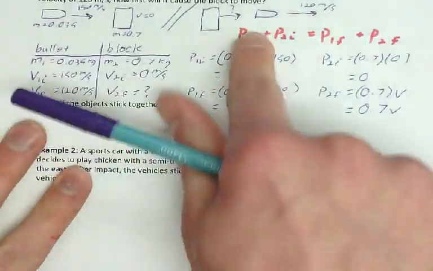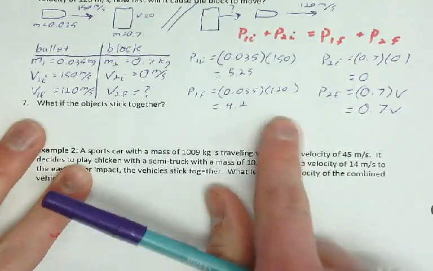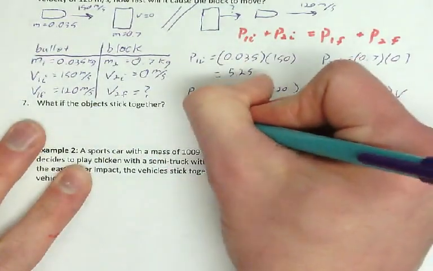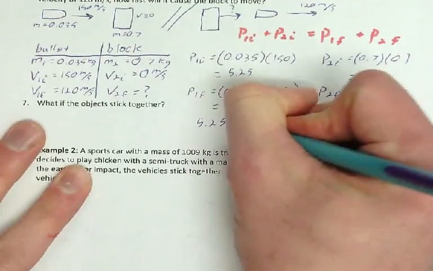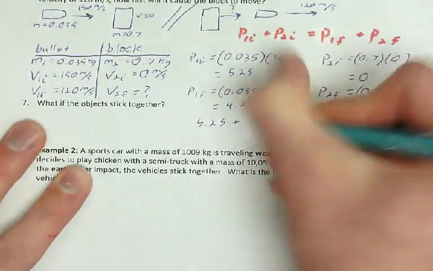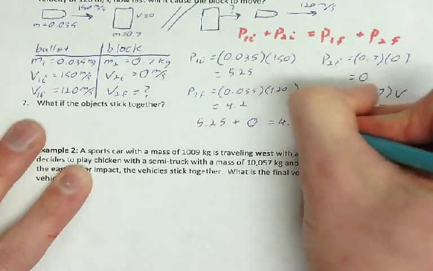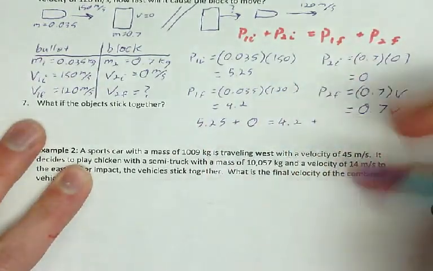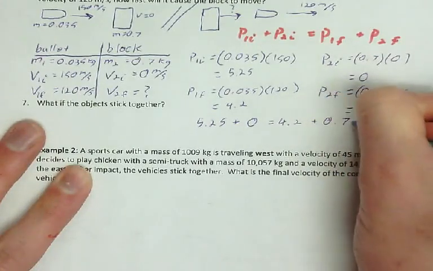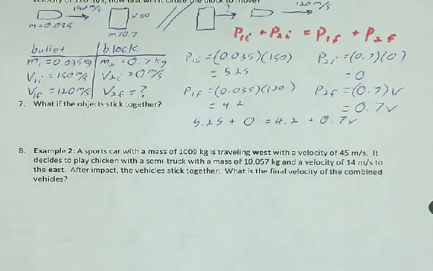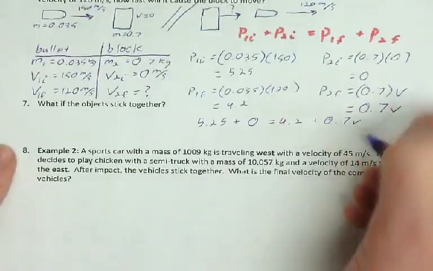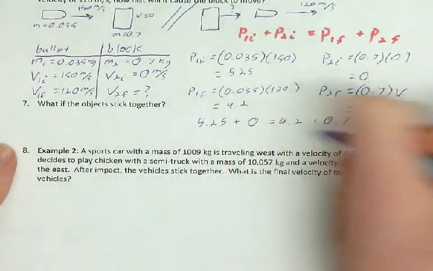So we're going to put everything where it goes in the equation. So P1 initial is 5.25 plus P2 initial, which is 0, equals P1 final, which is 4.2, plus P2 final, which is 0.7 V. And then you just solve. We got to get V by itself, so we're going to subtract 4.2 from both sides.